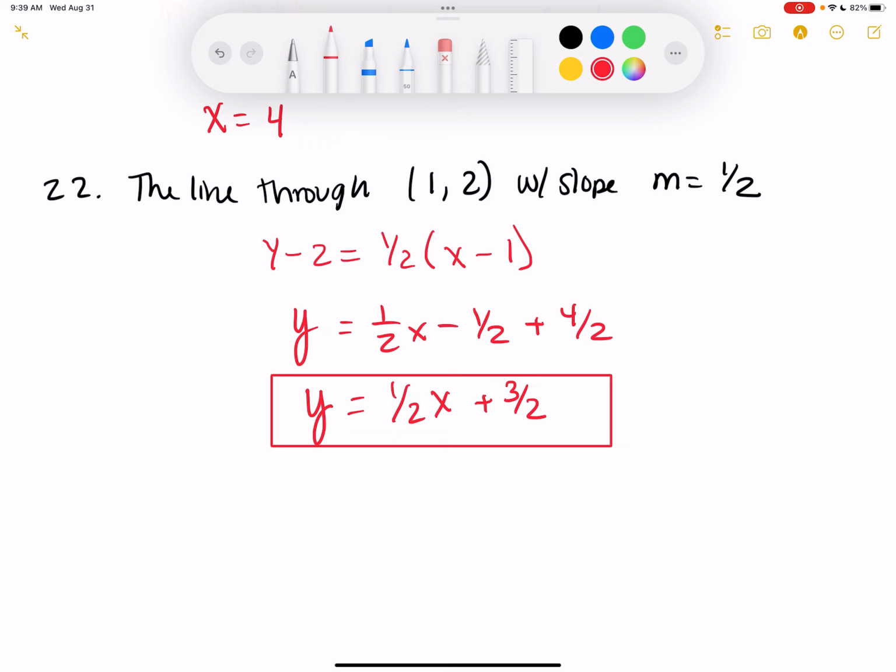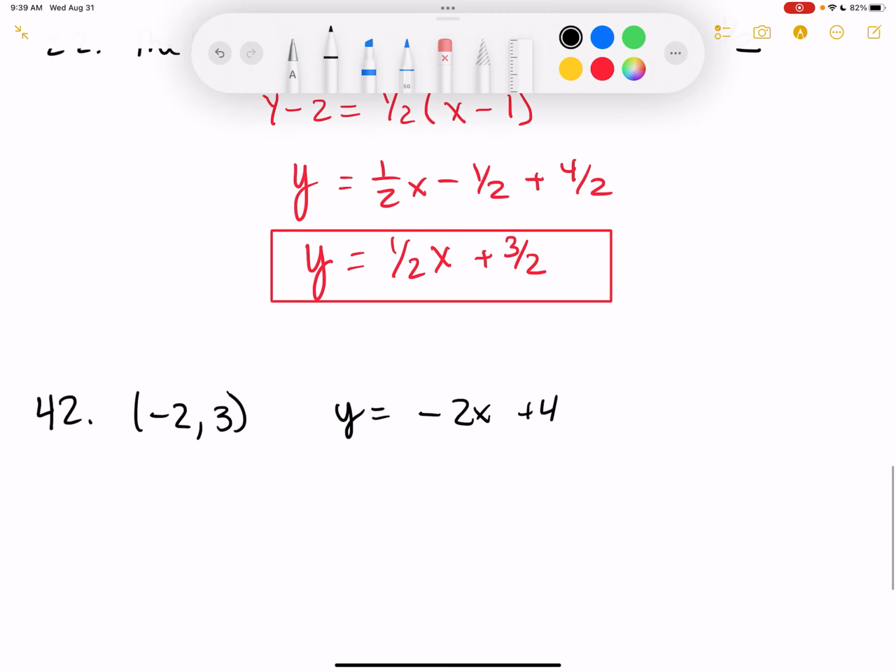So let's do 42: point (-2, 3), and y equals negative 2x plus 4. Let's do the parallel one first, and then we'll do perpendicular.